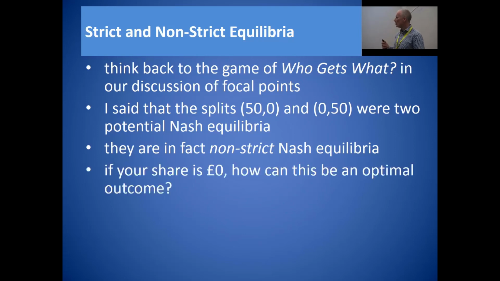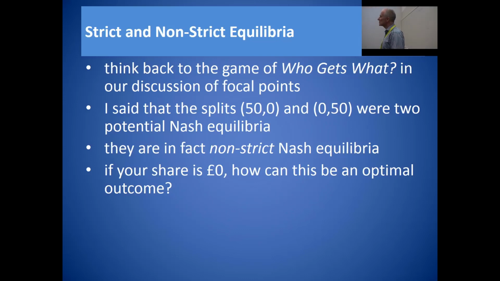Those, in fact, were non-strict Nash equilibria. But I want you to think about how on earth that could be a Nash equilibrium outcome. If Tanya says that her share is £0, what benefit does she get from that? I win the game, I get £50, and she would get nothing.